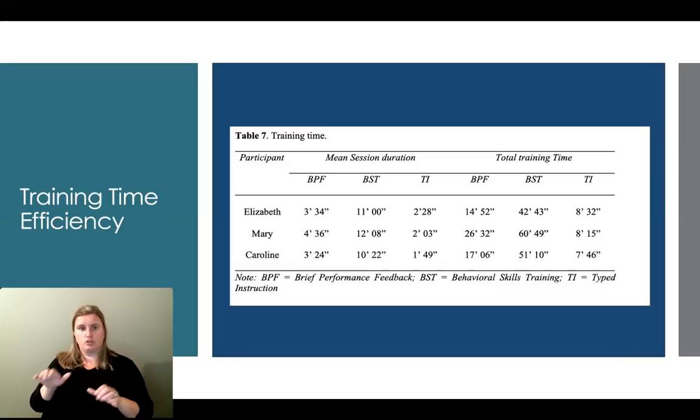So again, as in the case of the previous study, we're seeing high levels of correct implementation with less training time. For example, for participant 1, mean session duration was 3 minutes and 34 seconds for BPF, and BST was 11 minutes.